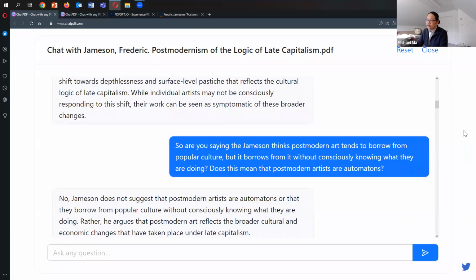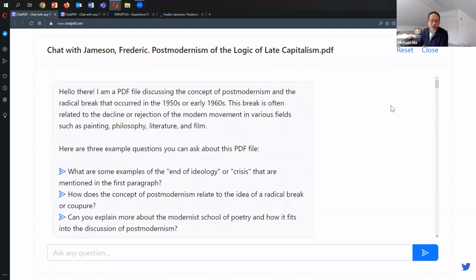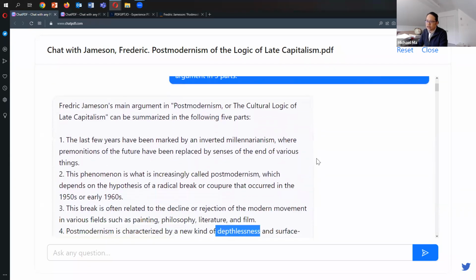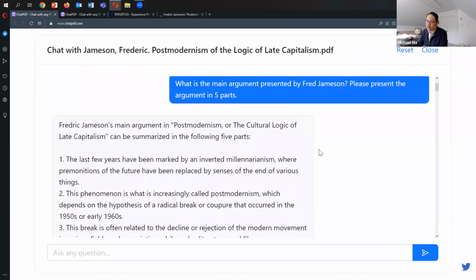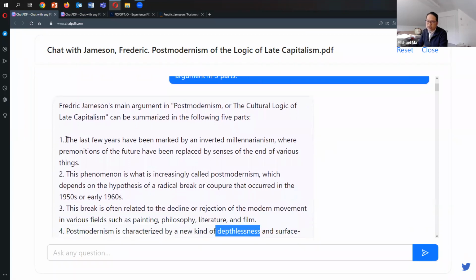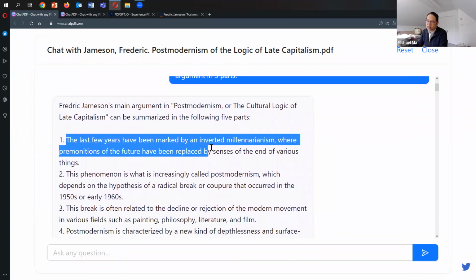And one more thing. I've actually buried my lead in a way. The best for last. Here, when I asked it, can you list the 5 main arguments? The first argument, it said, is that the last few years have been marked by inverted millenarianism, where premonitions of the future have been replaced by senses of the end of various things.